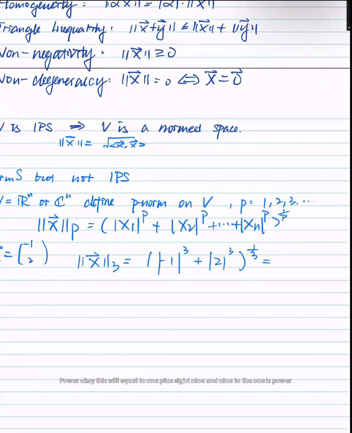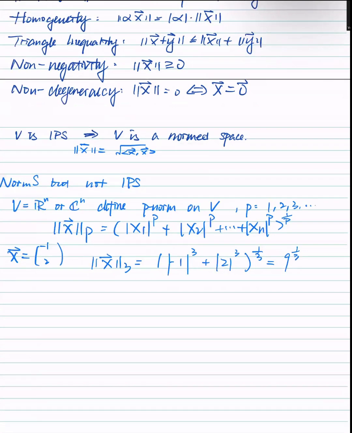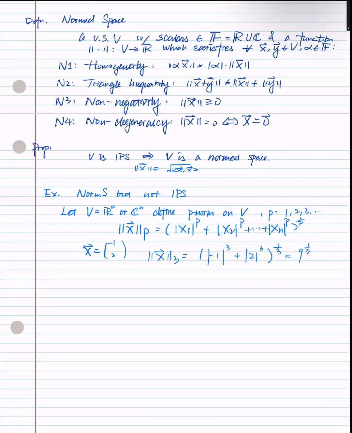This will equal 1 plus 8, which is 9, to the 1/3 power. So this definition can also be a norm space.